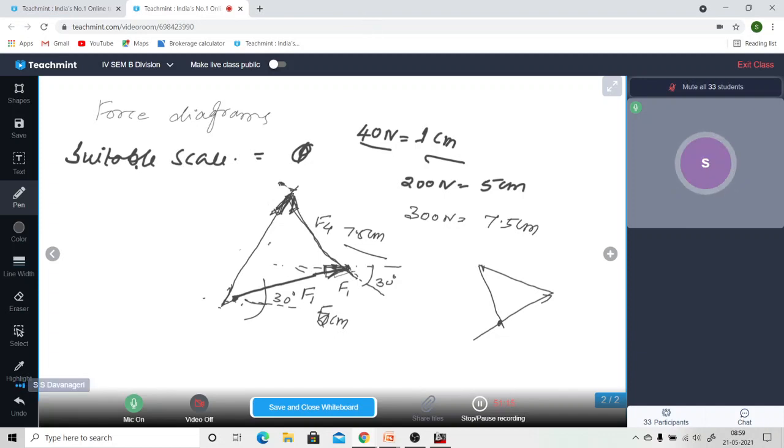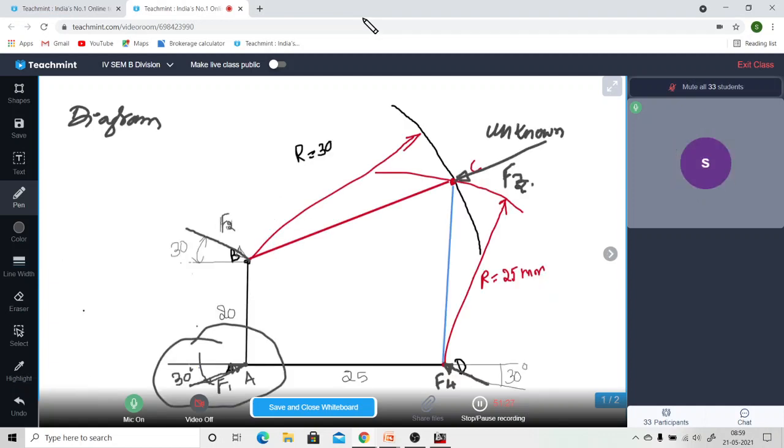I think you got F now. Next thing, you just draw the extension of this line, and the extension of this line. You got one point here, O dash.